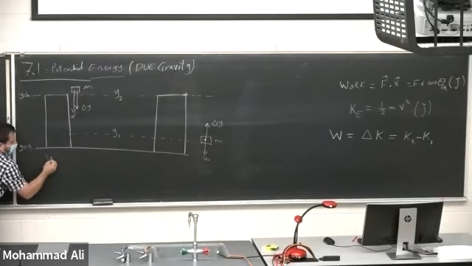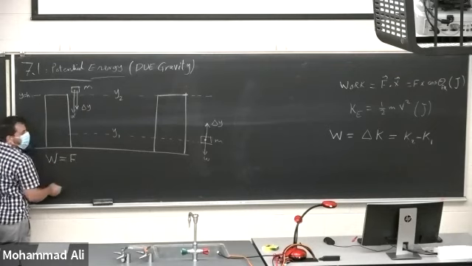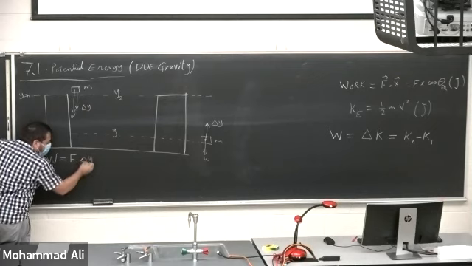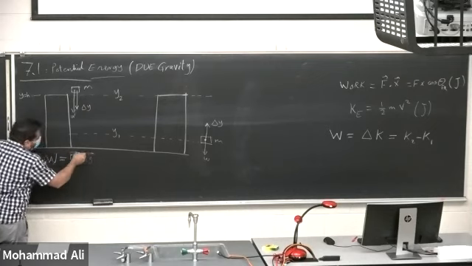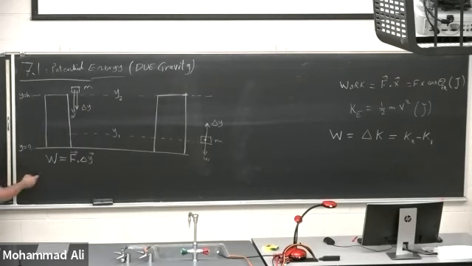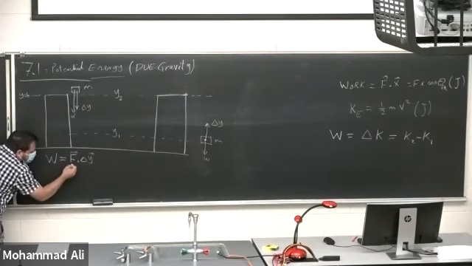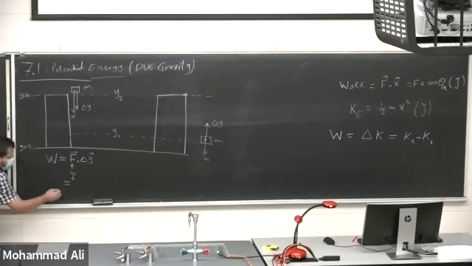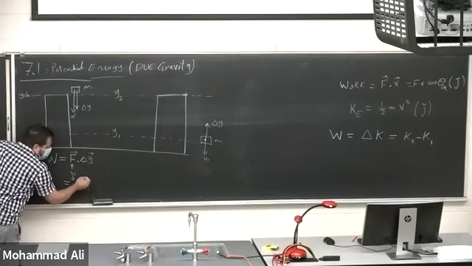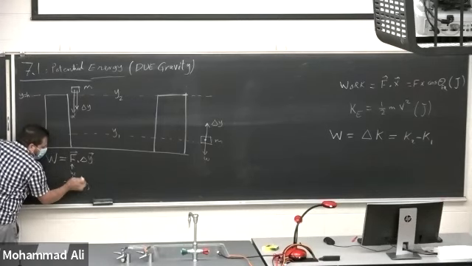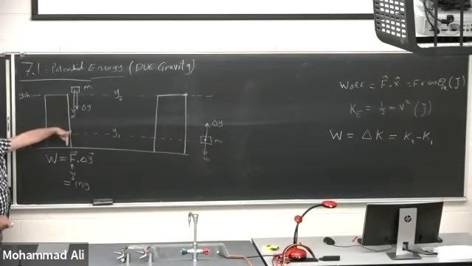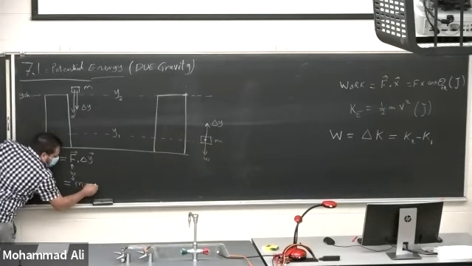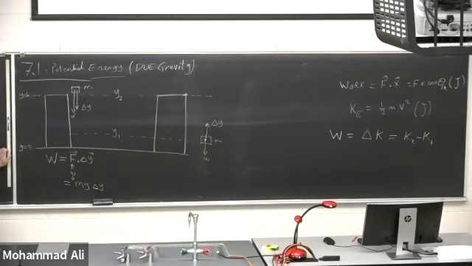So if we need to compute the work, it is equal to the force multiplied by delta y, as a dot or scalar product. The force is the weight, which is equal to mg downward, and delta y is also downward.